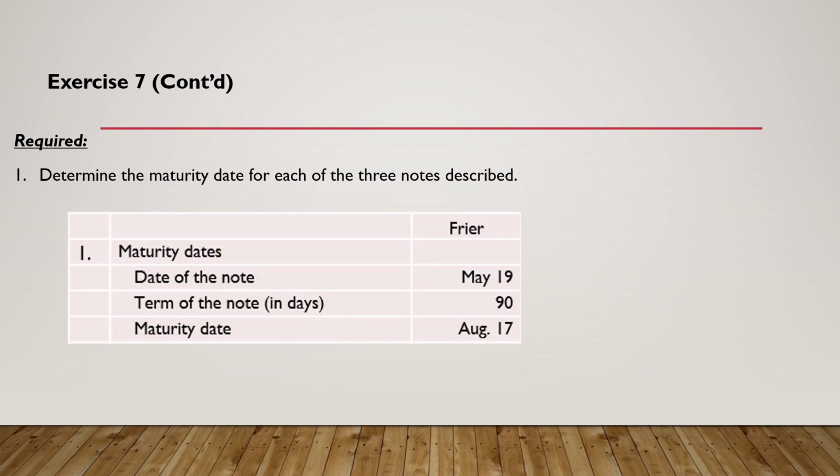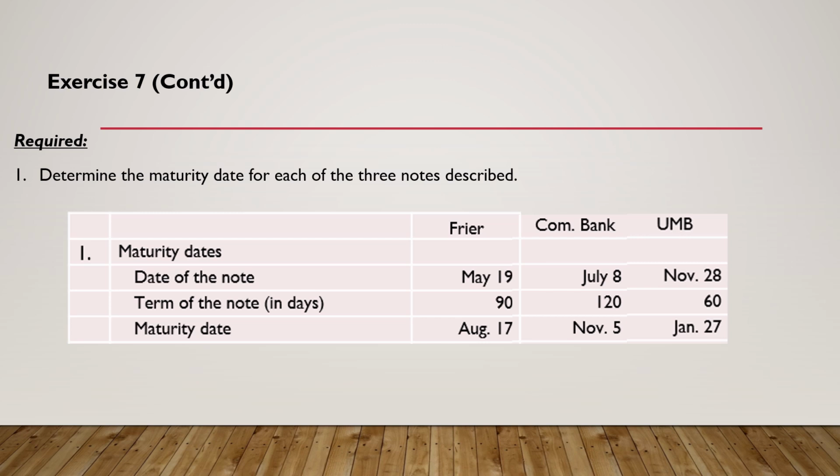So for the first note, for Ferrari, the date of the note was May 19th, the term of the note was 90 days, so the maturity date was August 17th. Then for the loan we took from the Community Bank, the date of the note was July 8th, duration 120 days, so the maturity date will be November 5th.